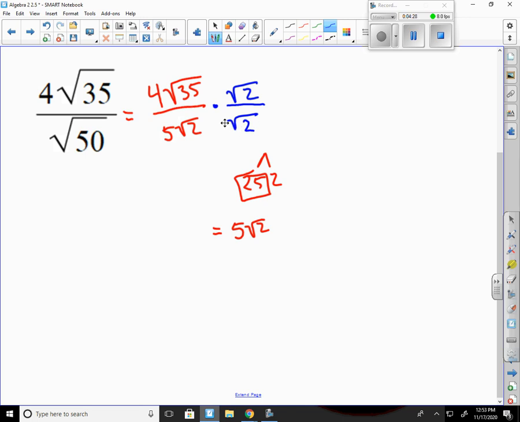What that'll do is in the bottom, that would make that the square root of 4, which is just 2. So the bottom would turn into 5 times 2. So that gives you 10. Everyone understand that?